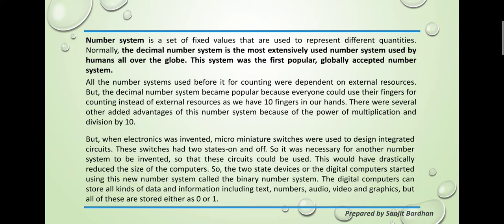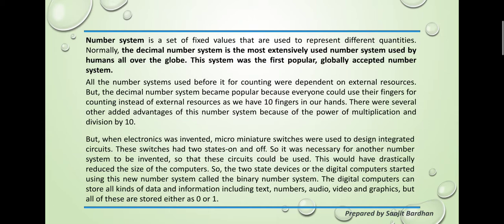But when electronics was invented, miniature switches were used to design the integrated circuit. These switches had two states, on and off, okay, on and off. This is very important. These switches had two states, on and off. It was necessary for another number system to be invented so that this circuit could be used.